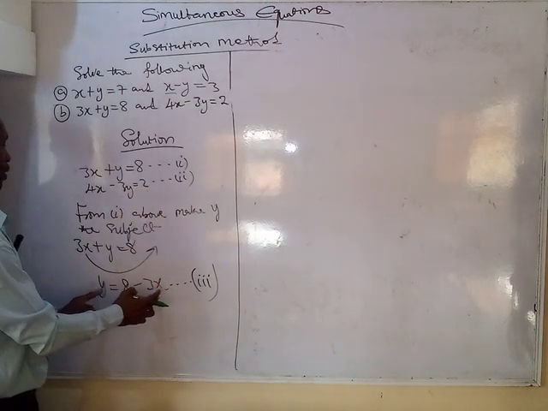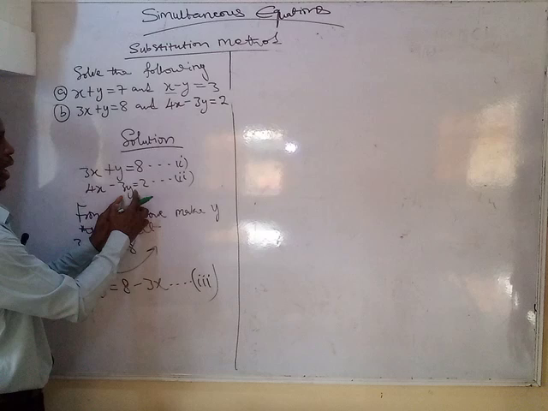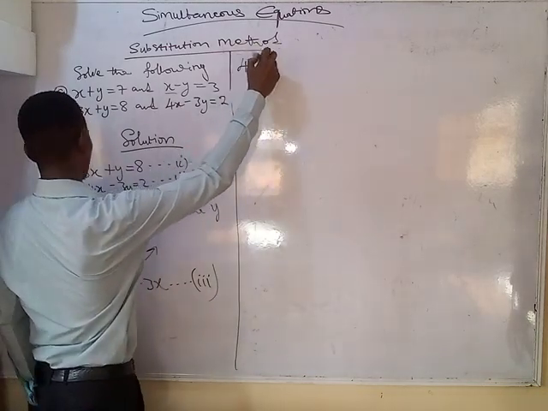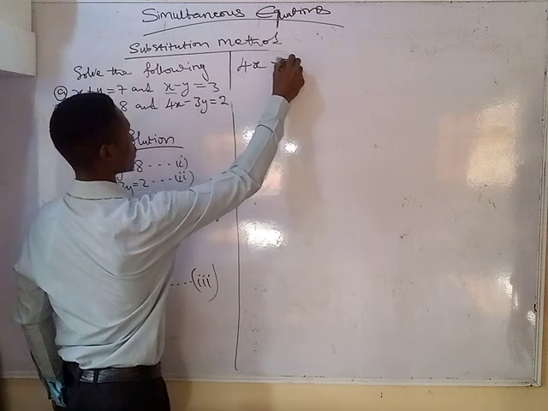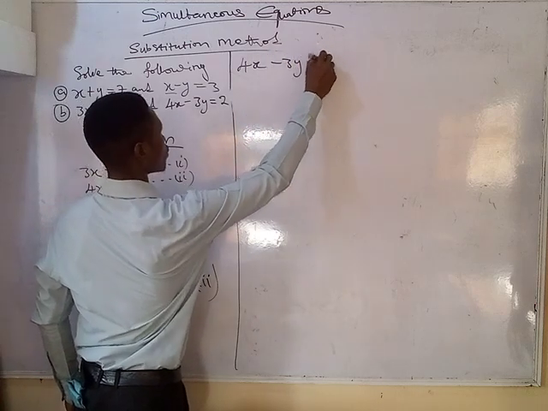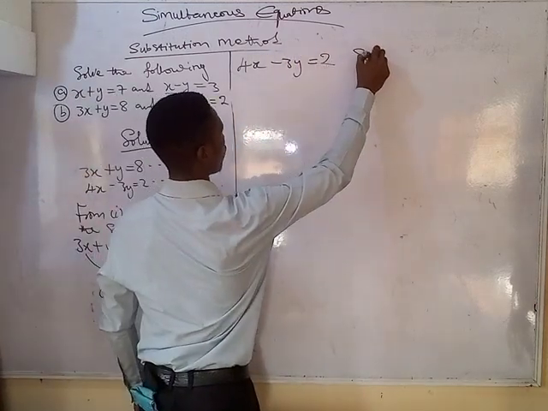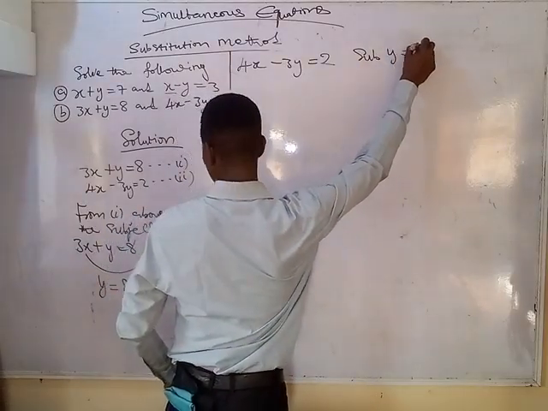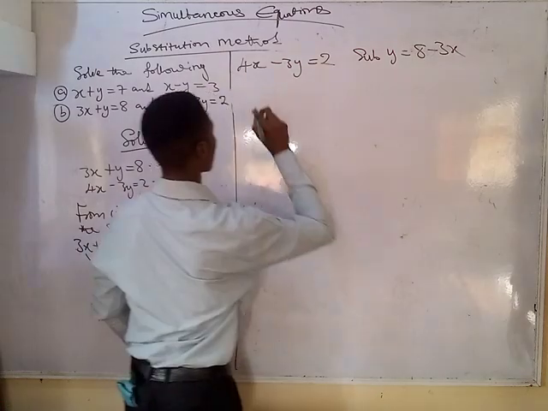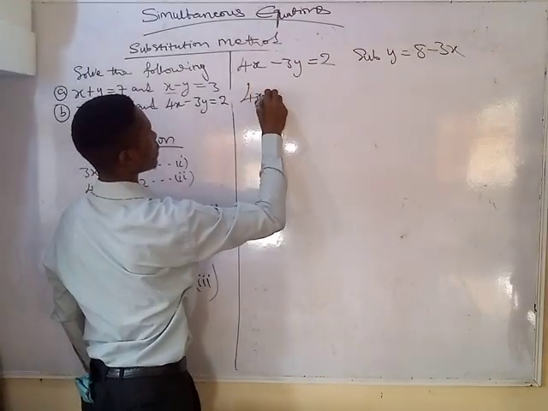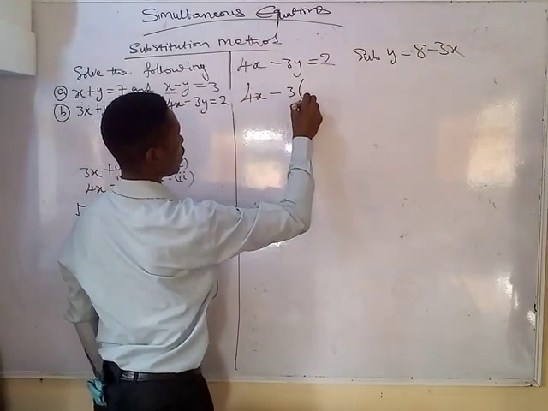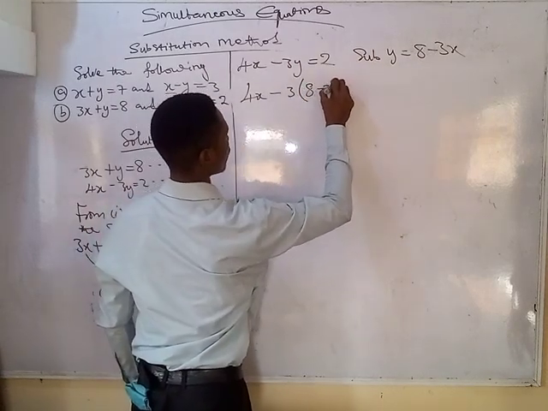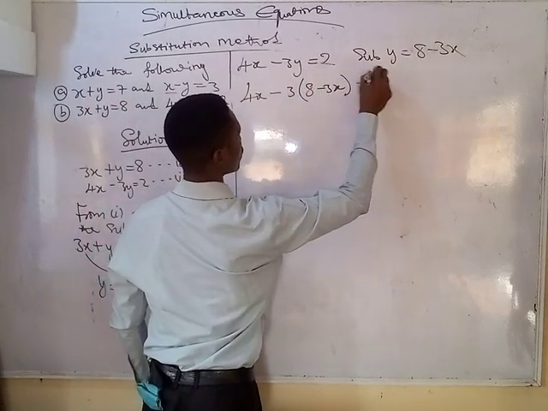So I will lift the whole of this to represent this y. So for 4x minus 3y equals 2, we say solve y equals 8 minus 3x. So this becomes 4x minus 3 into y, which is (8 minus 3x), equals 2.